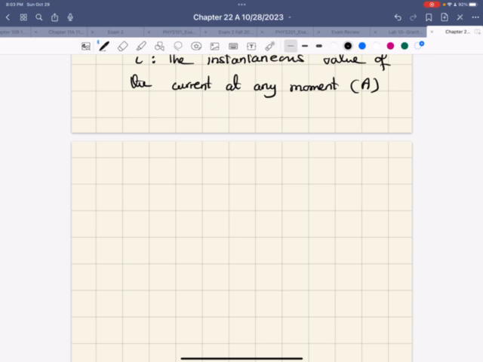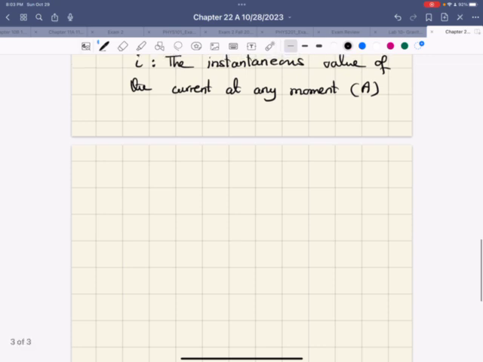Now, in circuits, to represent AC we use this notation, just to tell that this is an AC source. This is the way that we use it.